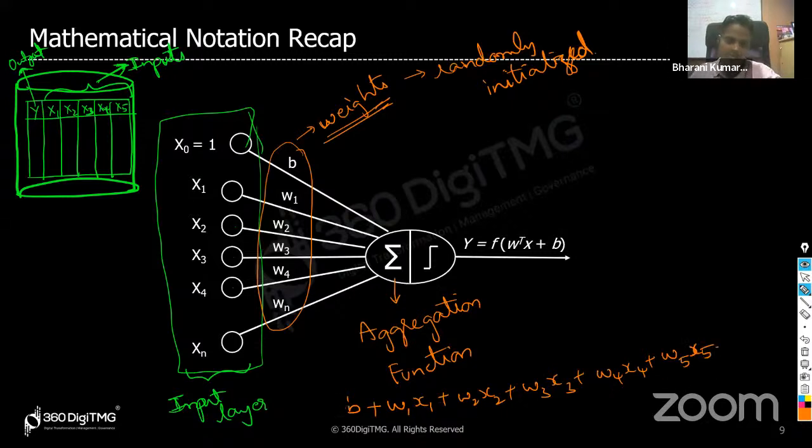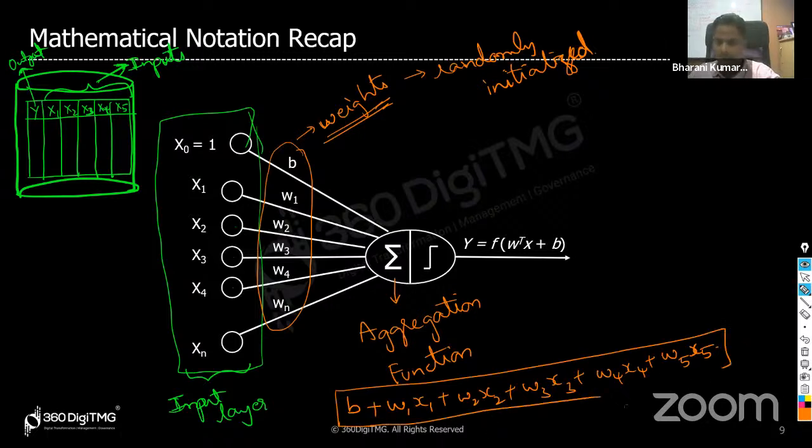So you get this. This is the aggregation function. And once you get this aggregation, you move it to the activation function.